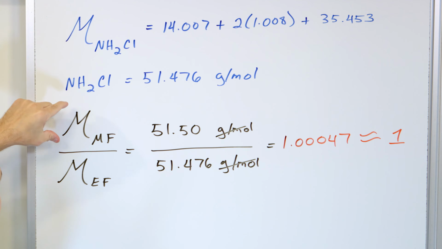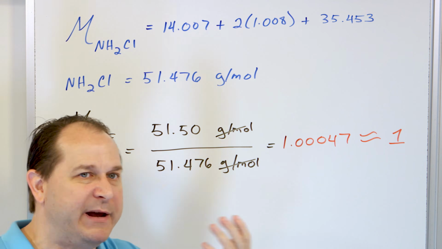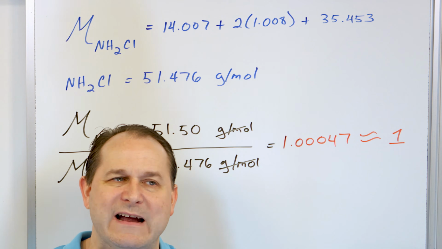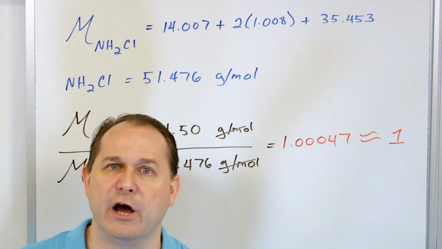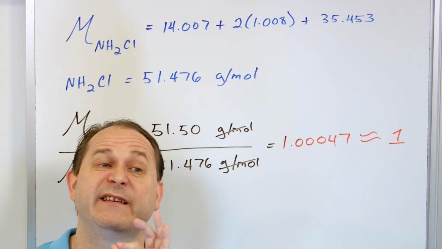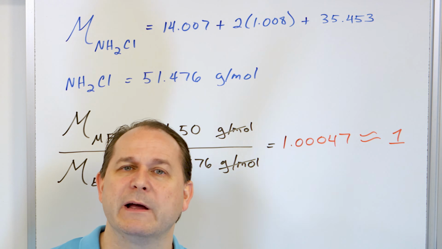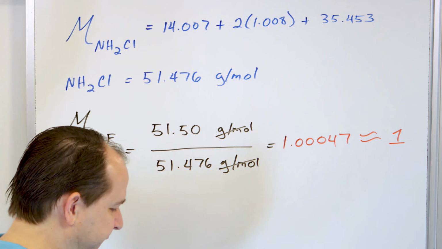It means the molar mass of the molecular formula is basically the same as the molar mass of the empirical formula. It's not bigger or smaller. It's not 2 times or 3 times heavier. It's the same mass as the other. So that means that in this case, the empirical formula is the same thing as the molecular formula because multiplying by 1 doesn't change any of the coefficients.